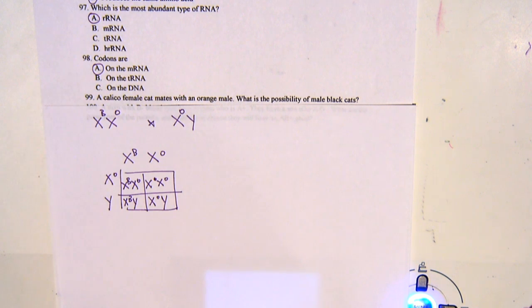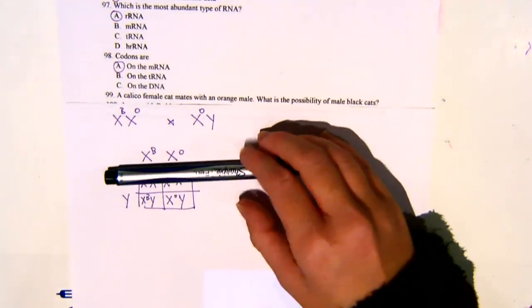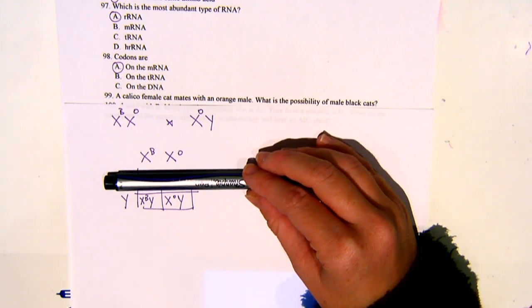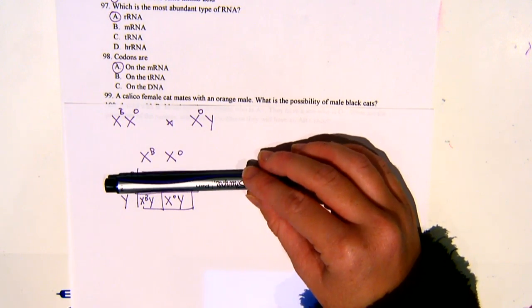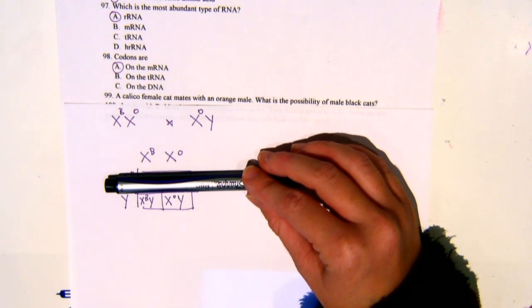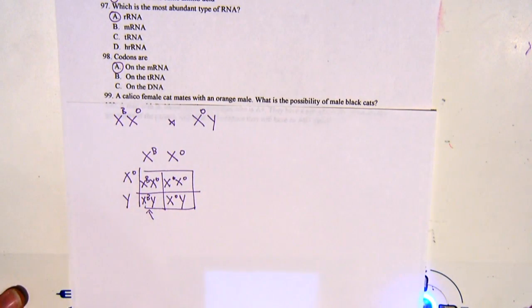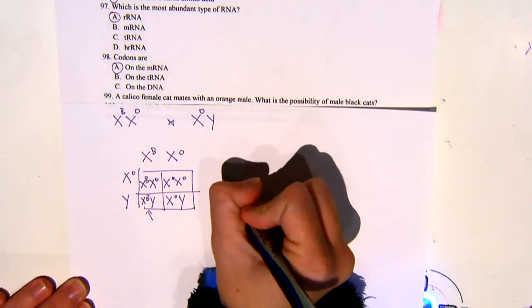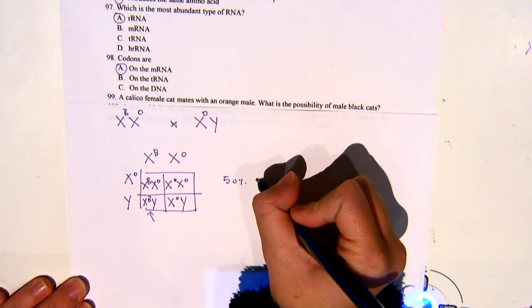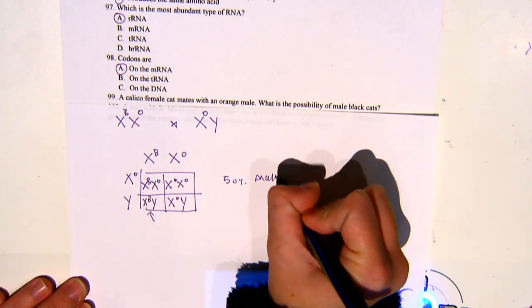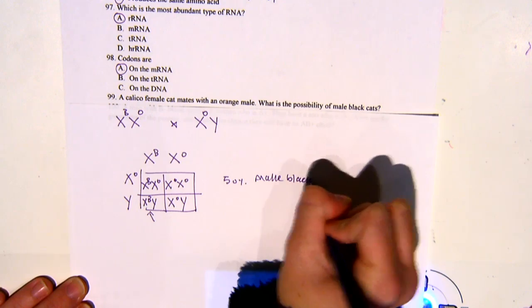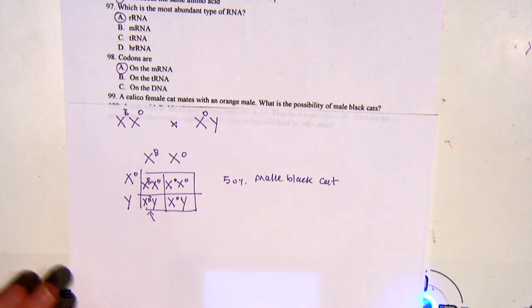If we only want males in this case, we're going to exclude the females. So we're just going to look at the male genotypes and find out the possibility of those males being black. We see that one of them, out of the two males, is a black cat. So we have a 50% chance of a male black cat.